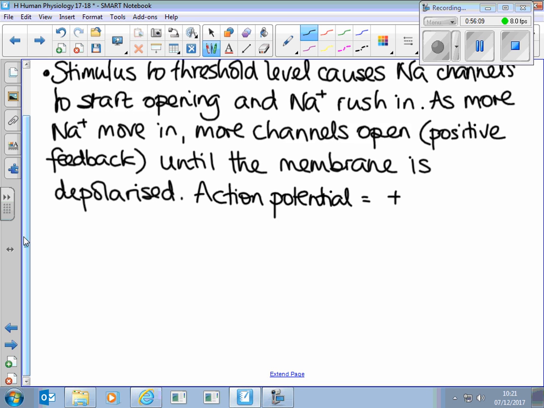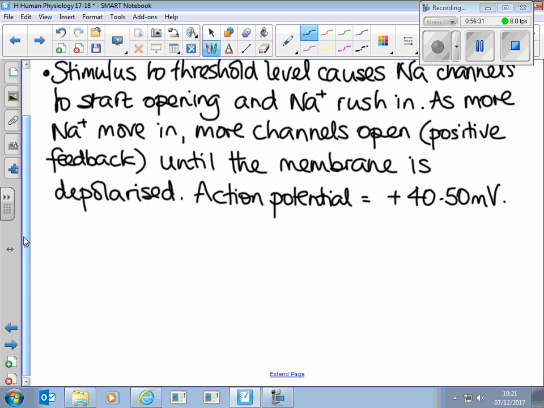So it's somewhere in the order of plus 40 to 50 millivolts. So we've got some important words in there. We've got positive feedback, we've got depolarized, we've got action potential, we've got a value. So there's quite a lot in that one bullet point.